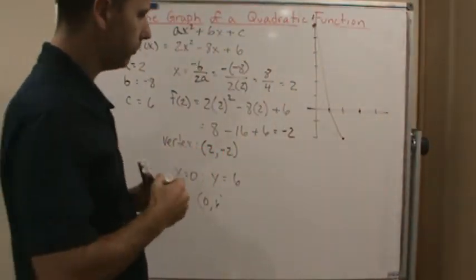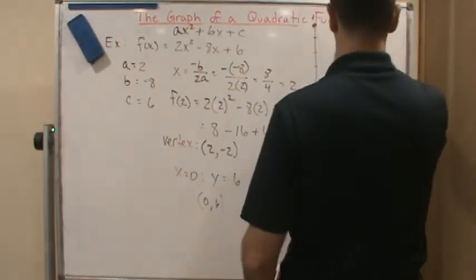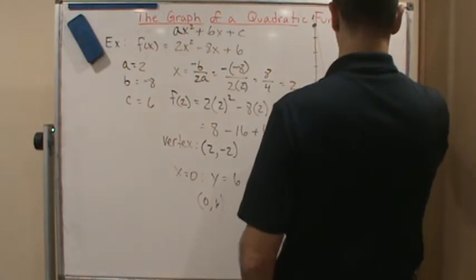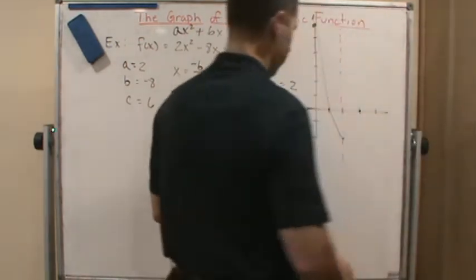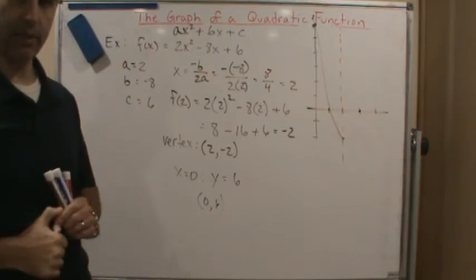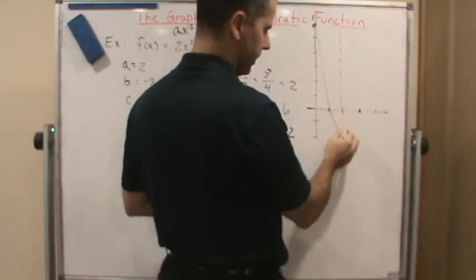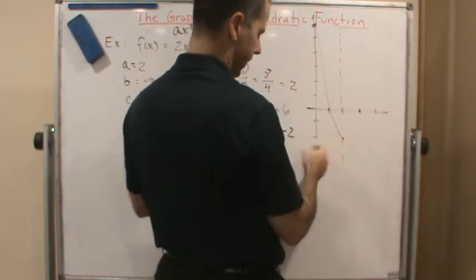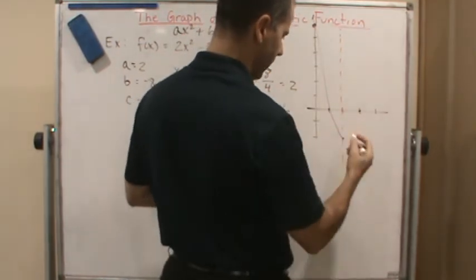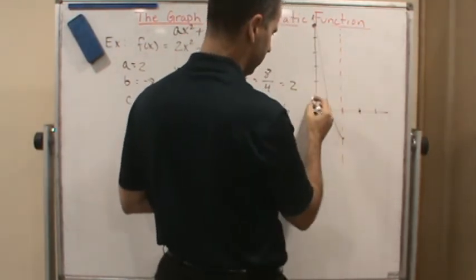So we know there's a line of symmetry that goes right through the vertex. The vertex is the bottom point, so this is at 2, negative 2.